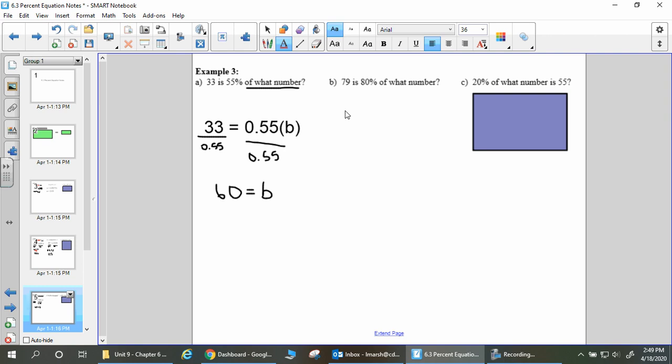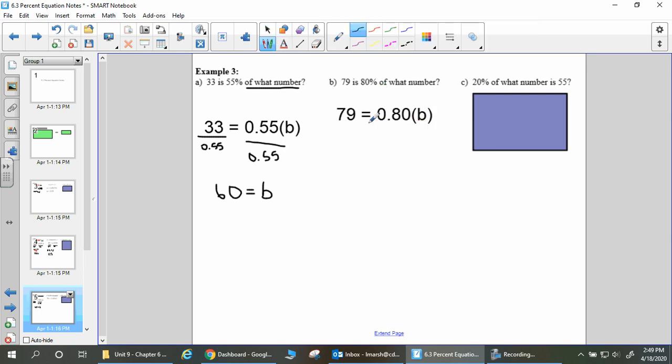79 is 80% of what number? 79 is 0.80 times what number? That's B. Divide by your 0.80. I always put the 0 in front of my decimal just so I make sure I enter a decimal in my calculator.